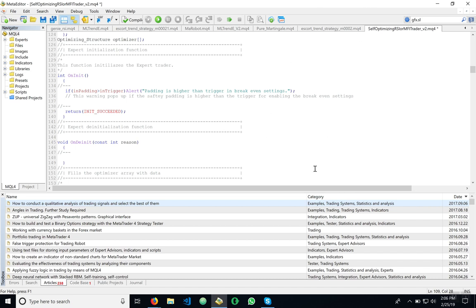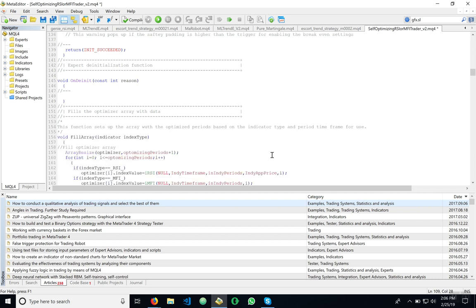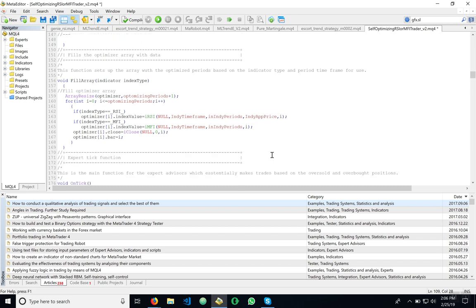Now, before we go on to the major on-tick function, we need to look at the supporting functions first. So firstly, let's look at the fill array function. And what this function does is it sets up an array with the optimized periods based on the indicator type and period time frame for use.